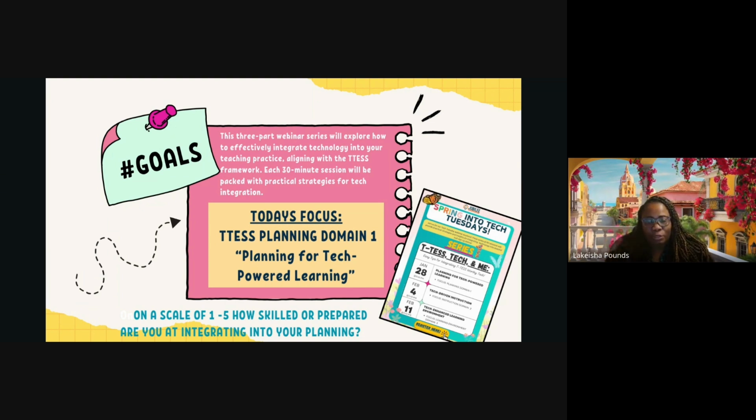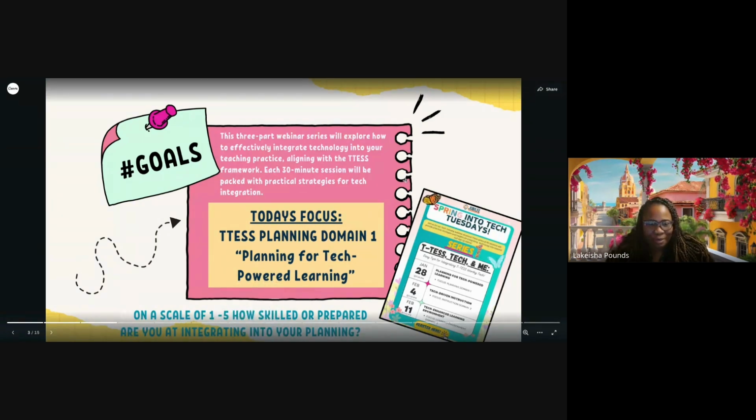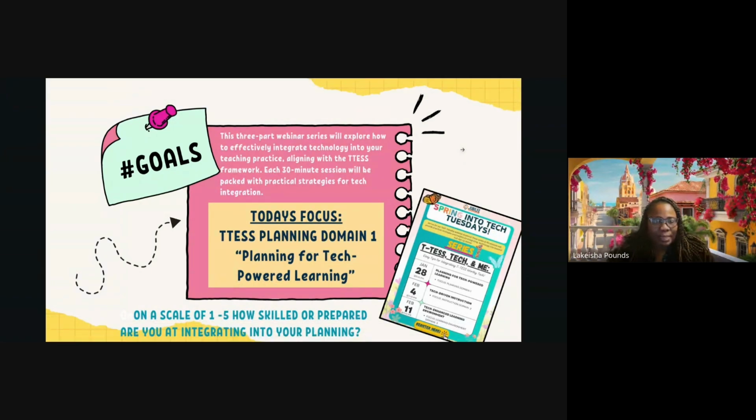So before we get started, I want you to type into the chat, on a scale of 1 to 5, how skilled or prepared are you at integrating technology into your planning? 5 being, I am amazing at it, I could do this in my sleep. 1 being, not at all.